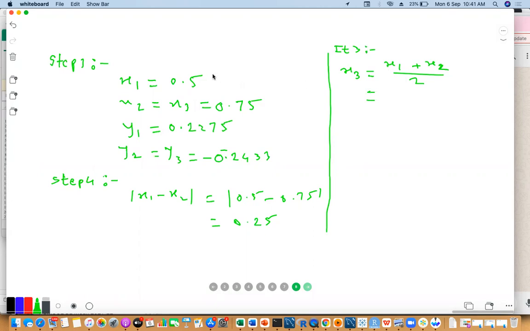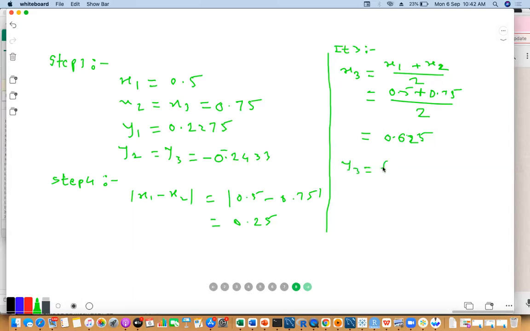What is x1? 0.5, plus what is x2? 0.75, divided by 2. If we calculate it, it is 0.625. Now, for this new x3 value, we will calculate y3, right?